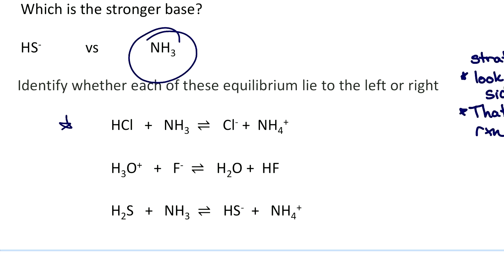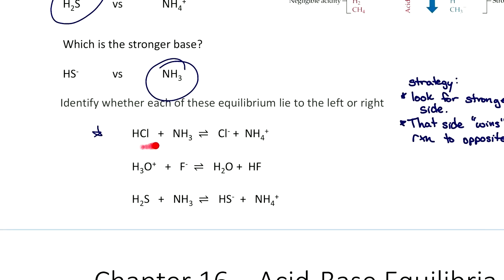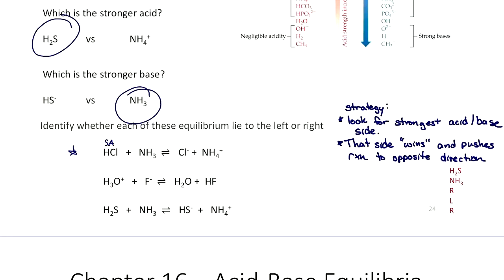I always like to look for the strongest acid-base pair. You could probably figure out what is the strongest acid-base pair without even looking at the table, because HCl is a what? It's a strong acid, yeah. All right, so we have a strong acid combining with a weak base. Chloride is not even anything, it's neutral, and ammonium is a weak acid.